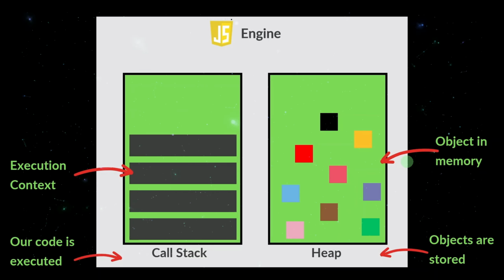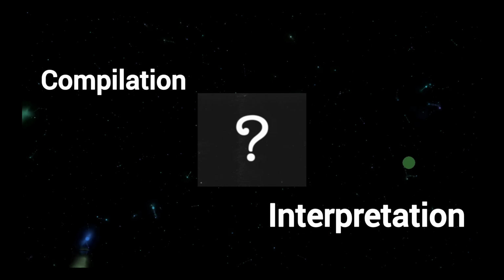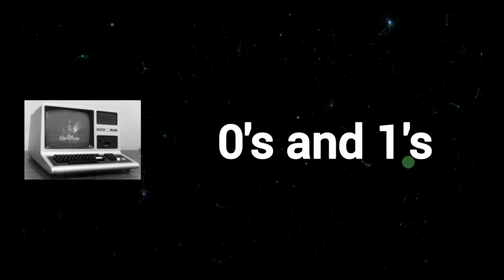But now the question is, whatever code we are writing, how is that compiled into machine code, because our computers can only understand zeros and ones. So to understand that, we should know the difference between compilation and interpretation, because our computer processor can only understand zeros and ones.